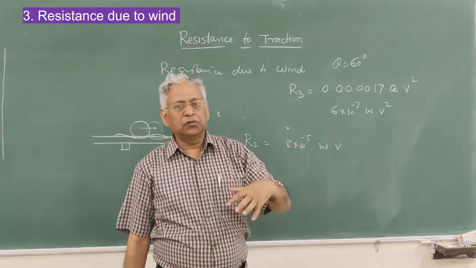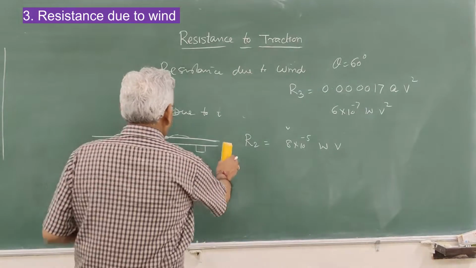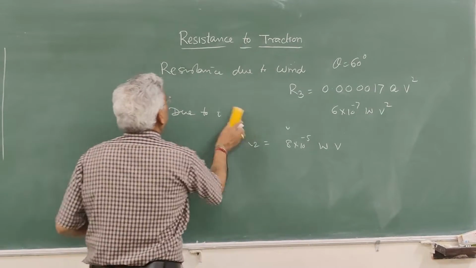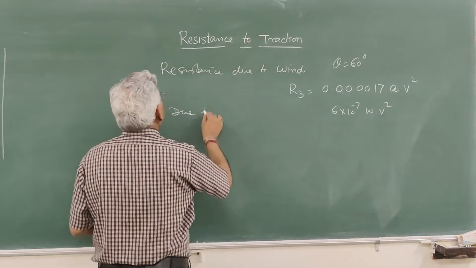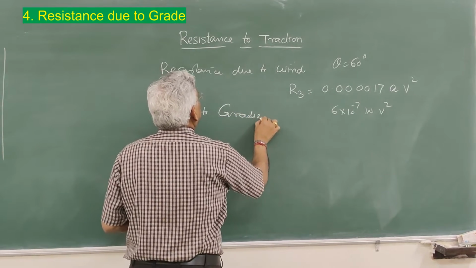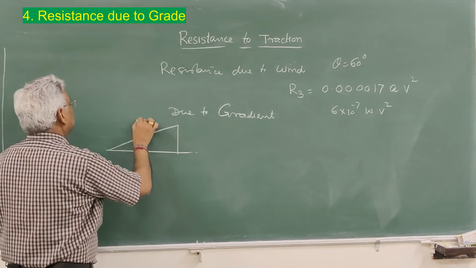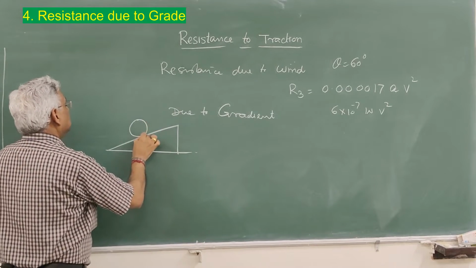That is the resistance due to wind. The fourth is resistance due to gradient. Resistance due to gradient is present only when there is a positive gradient.